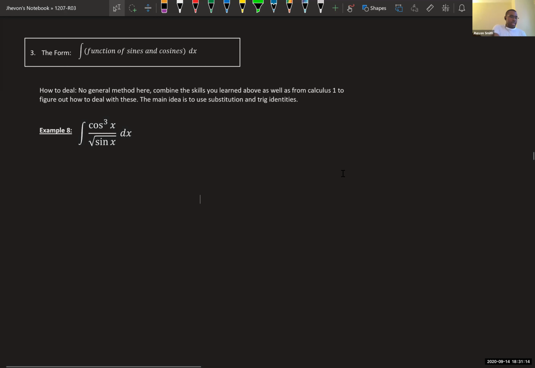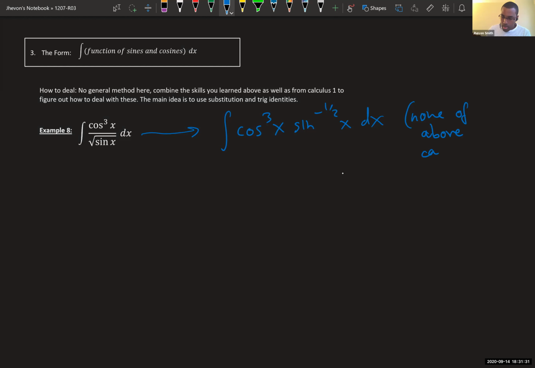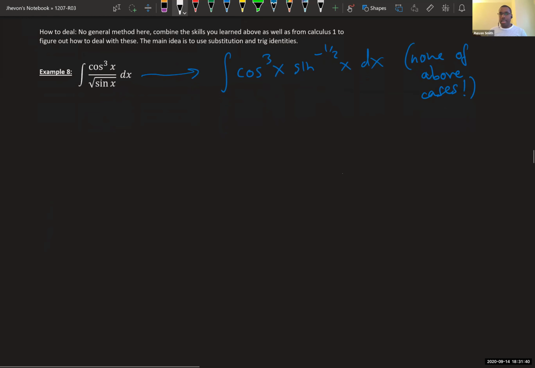It's not really an integer power situation anymore. It's a cosine cubed and a sine to the minus 1/2. So none of the above cases. However, in principle, after going through those examples, you'll have an idea of what to do here.